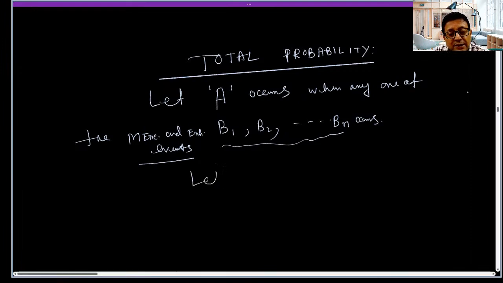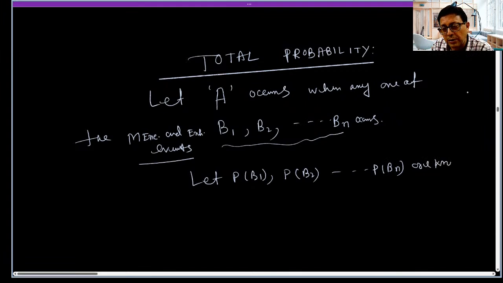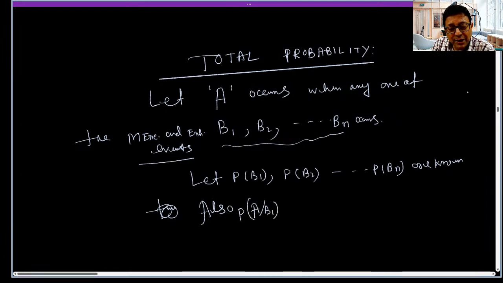Let all these be known: P(B1), P(B2), P(Bn) are known. And also you know P(A|B1), P(A|B2), P(A|Bn).